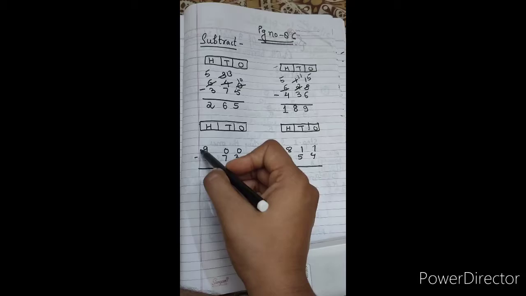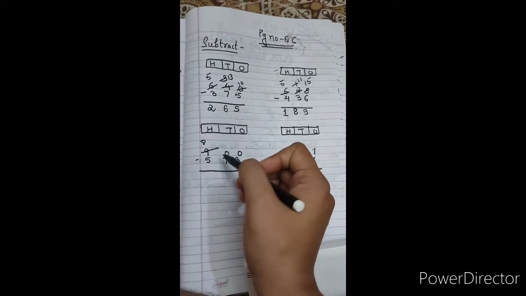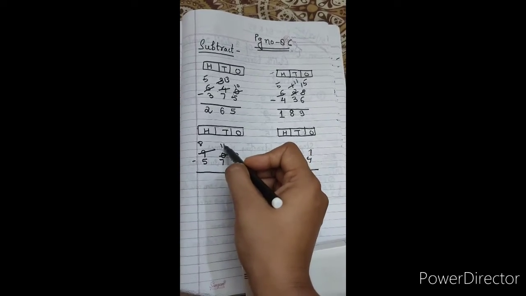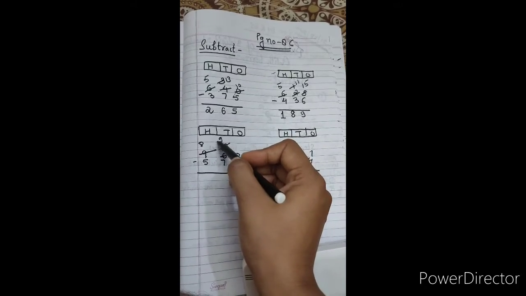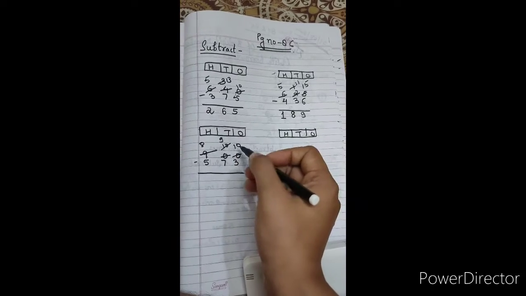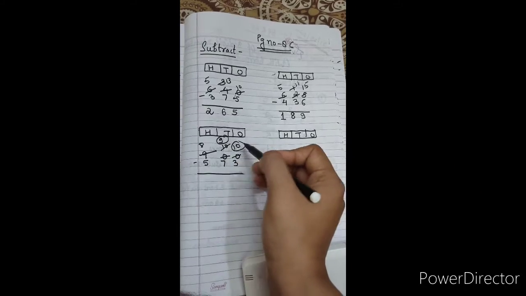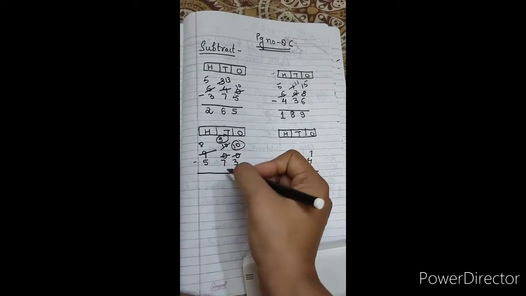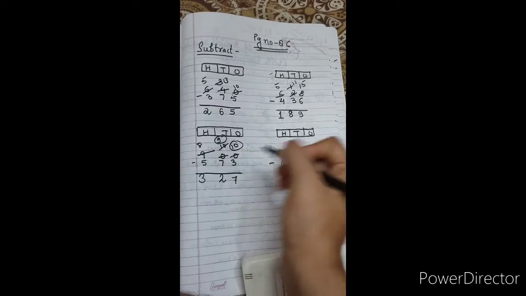So from the hundreds column, we borrow 100 and leave behind 8 hundreds, and here 100 plus 0 tens becomes 10 tens, and take 1 ten borrowing, so 9 tens are left, and 1 ten plus 0 ones becomes 10 ones. So 10 minus 3 is 7, and subtracting the tens, 9 minus 7 is 2, and 8 minus 5 is 3.